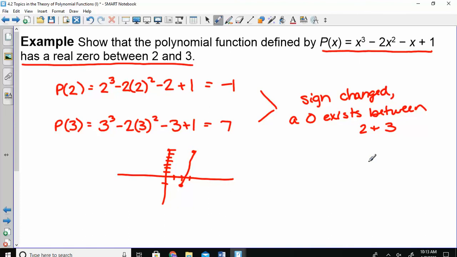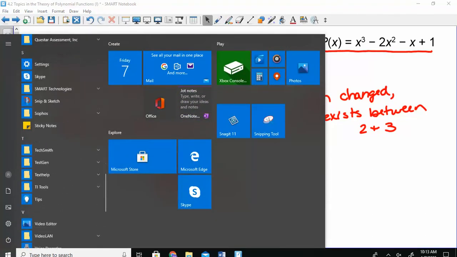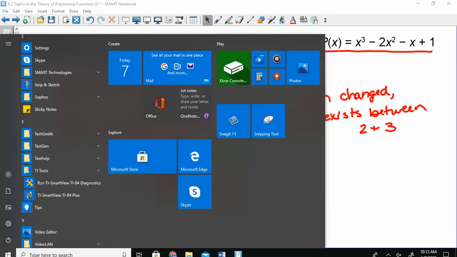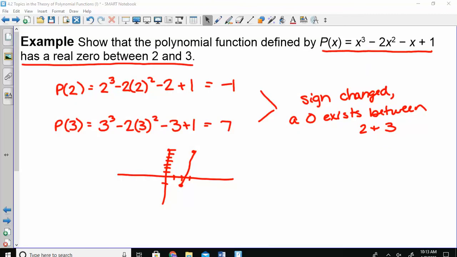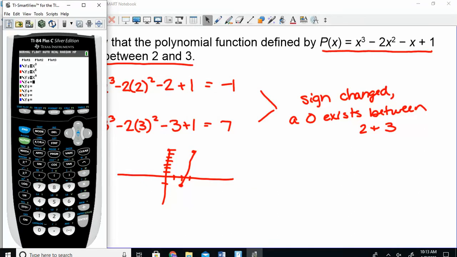Let's say I asked you to approximate that number. If I wanted you to use your calculator to find that, grab a graphing calculator if you don't have one. And let's graph the original equation.